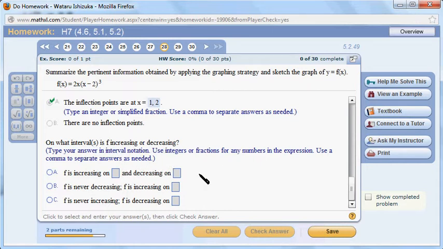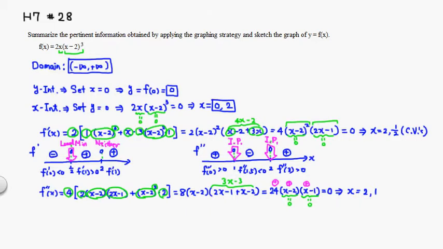Alright, on what interval f is increasing or decreasing? So let's look at the number line for the first derivative. Alright, so looking at the number line here for the first derivative, so on this interval, since the derivative is negative, it's decreasing.